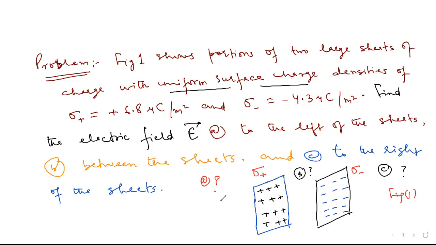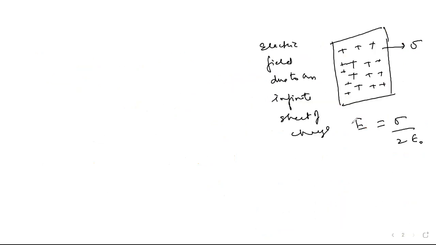I repeat, they are portions of large sheets of charge, so we can make use of the infinite sheet electric field expression, right? So our strategy in the solution is to deal with each sheet separately and then to add the resulting electric fields by using the superposition principle.